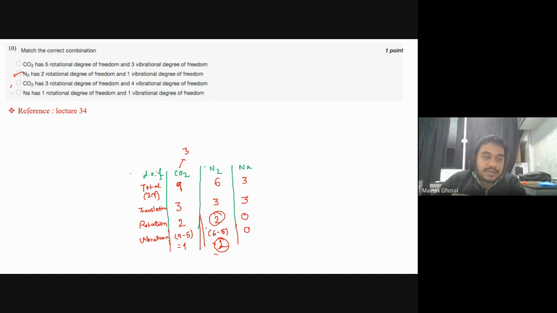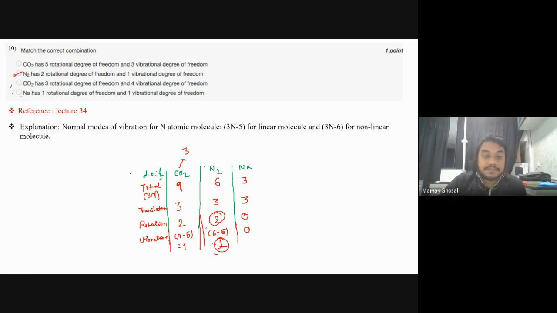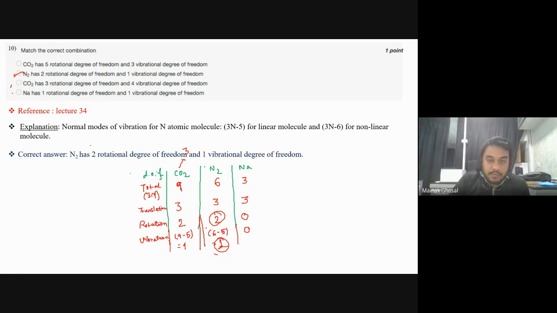No. Sodium is a single atom, so it can neither vibrate nor rotate. So only 3 translational motions will be possible. Rotational and vibrational degrees of freedom will be 0 for sodium. So the correct answer is nitrogen: nitrogen has 2 rotational degrees of freedom and 1 vibrational degree of freedom.